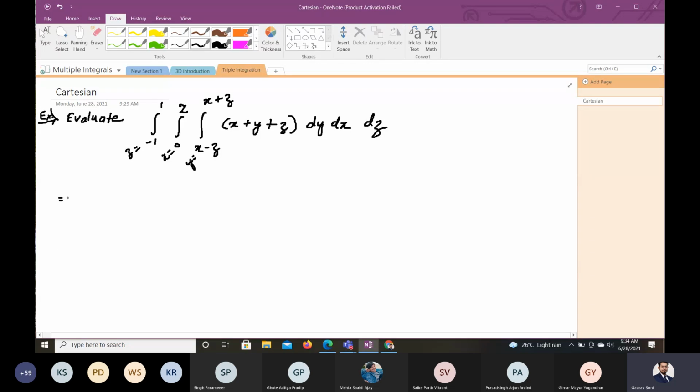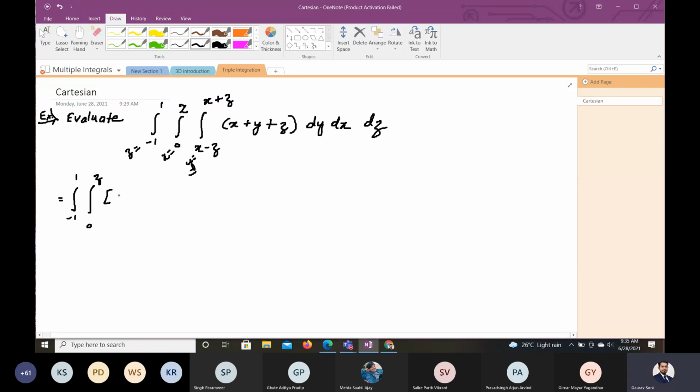Just like we solve the double integration, in the same manner we have to proceed for the triple too. So the first integration is with respect to y. So this is going to be xy. Okay, what we will do is we'll consider that as a bracket x plus z.